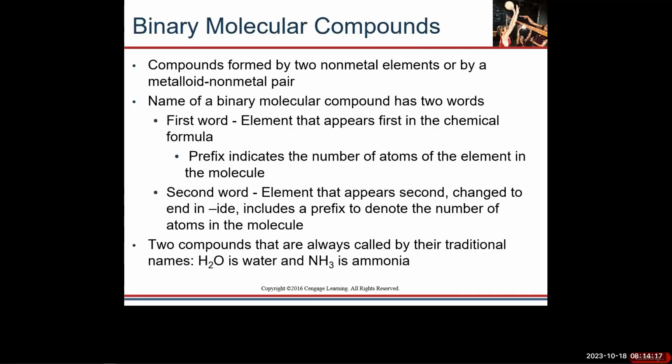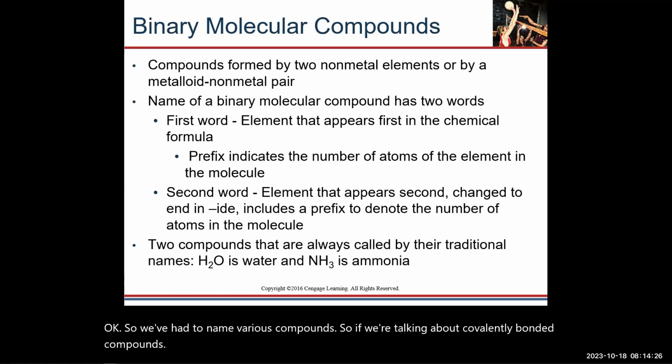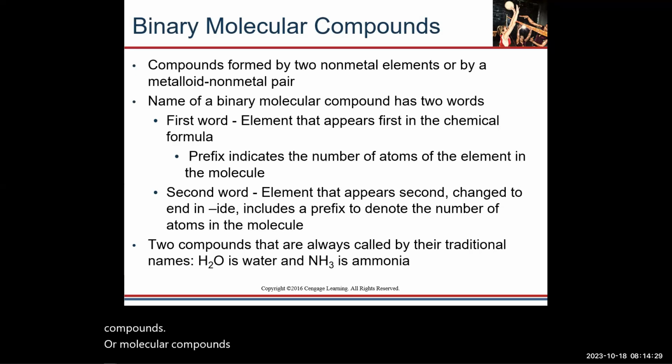Okay, so we've already learned how to name various compounds. If we're talking about covalently bonded compounds or molecular compounds, what do we use to name them? Do you guys remember? Covalently bonded.